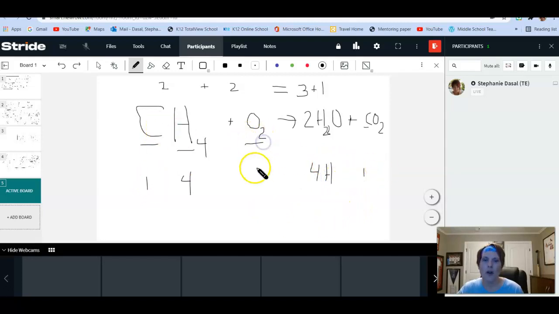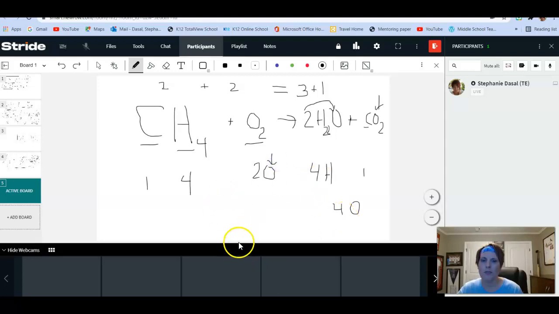We have 2 oxygens on this side, but on this side we have 2 because the coefficient is multiplied by both elements here. So it's 2 times 2 hydrogens. It's also 2 times 1 oxygen. And then we have another 2 oxygens here. So the oxygens we have 4 of on this side and only 2 on this side.